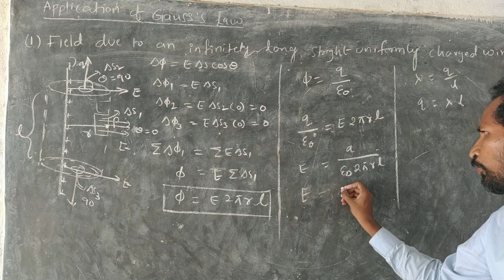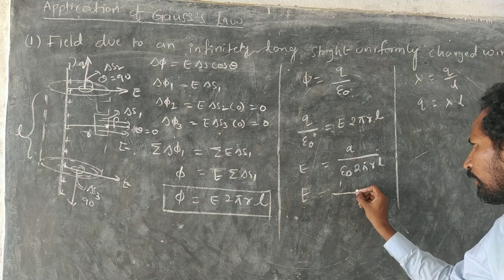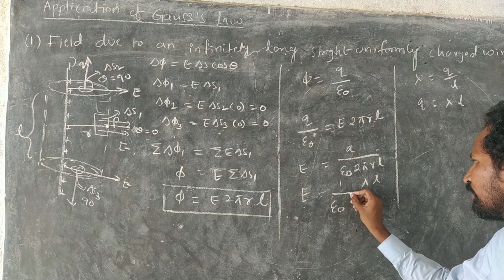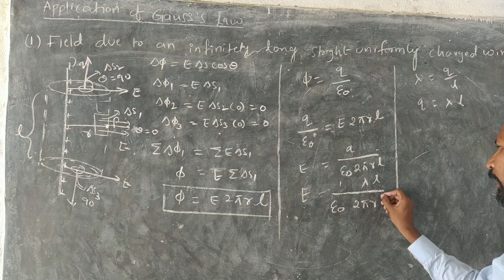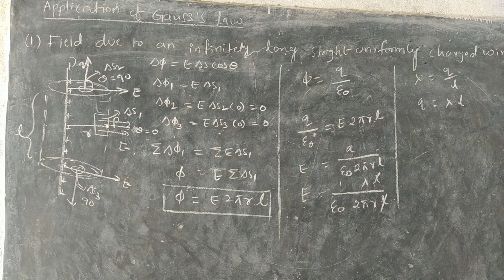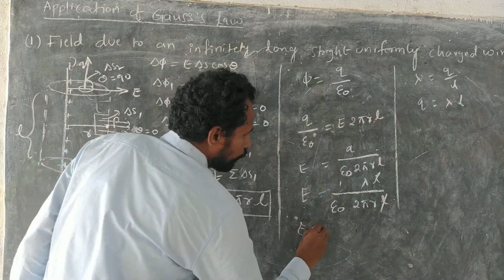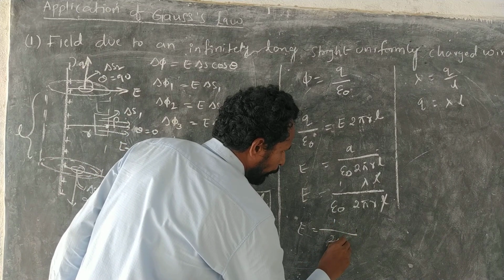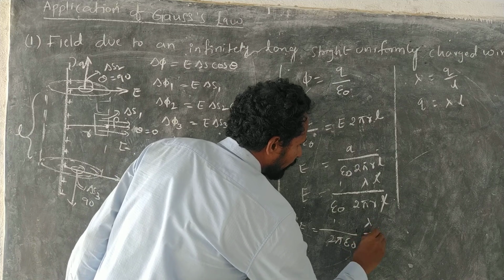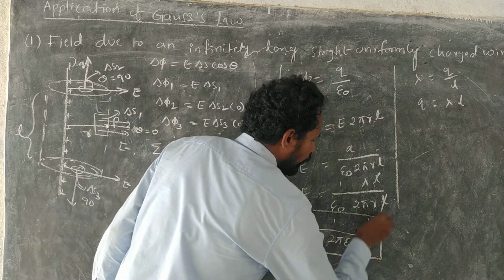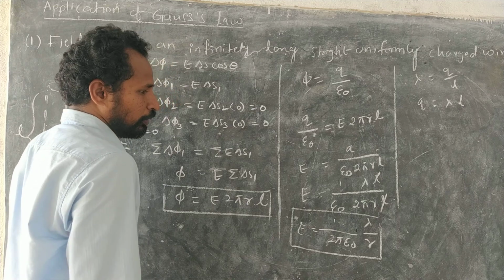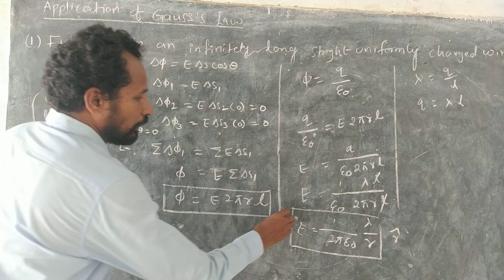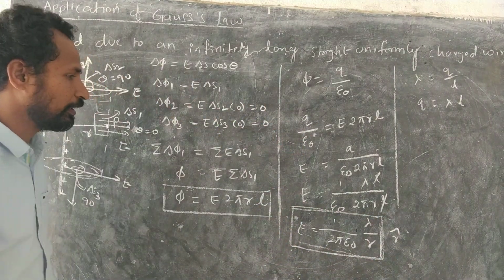E is equal to lambda L by epsilon naught 2 pi r L. L and L cancel. Now E is equal to 1 by 2 pi epsilon naught, lambda by r. If you want to express it in vector form, you just add the unit vector r cap.